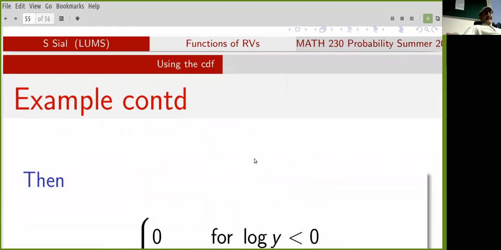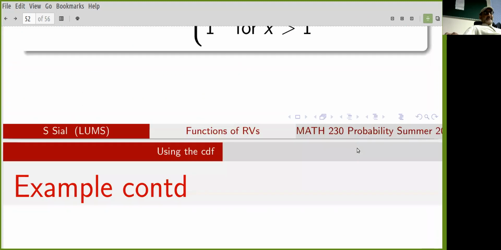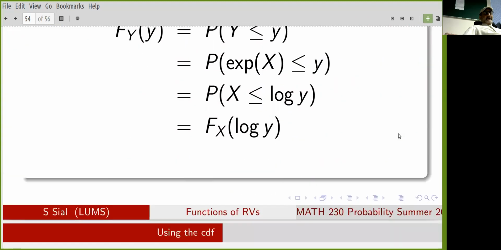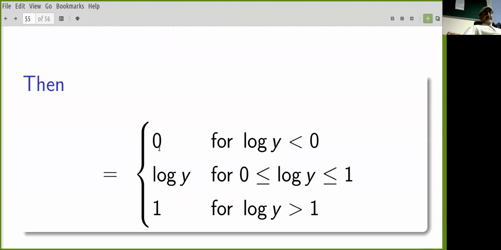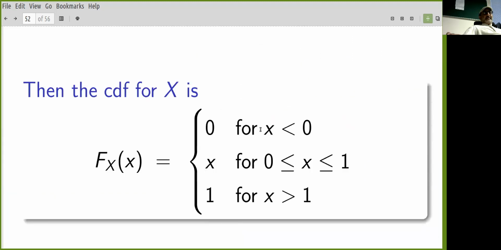So we come back here. That's 0 for x less than 0. This is for x, but if I replace x by log of y, so that's 0 for log of y less than 0.